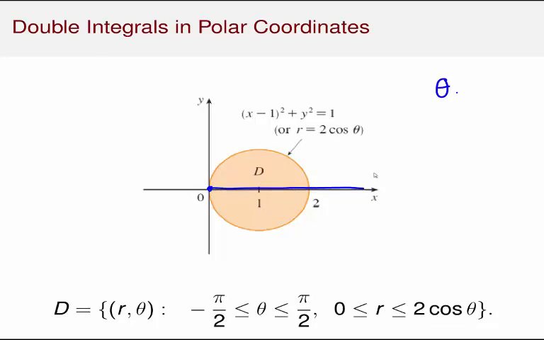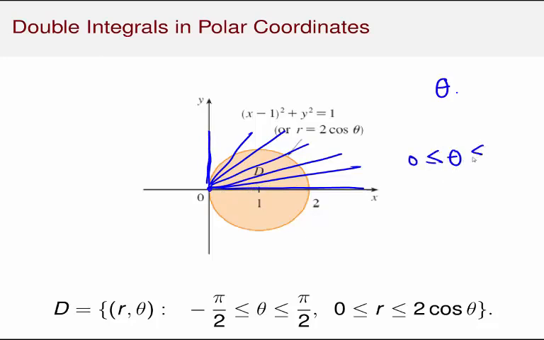Now, by increasing the angle, we are going to get a bunch of rays cutting through the region D until the angle is equal to pi over 2. So it seems all the angles between 0 and pi over 2 must be included inside the range for theta.